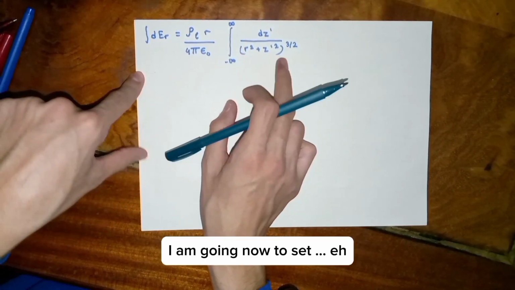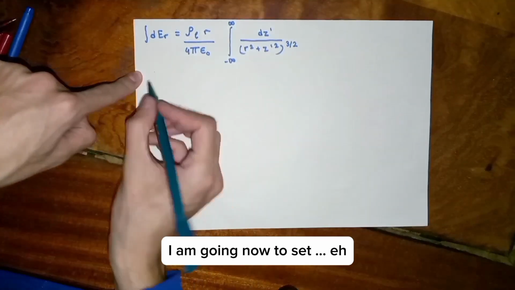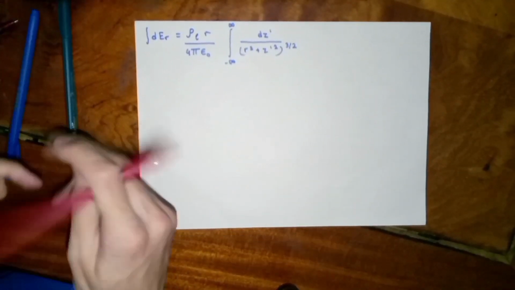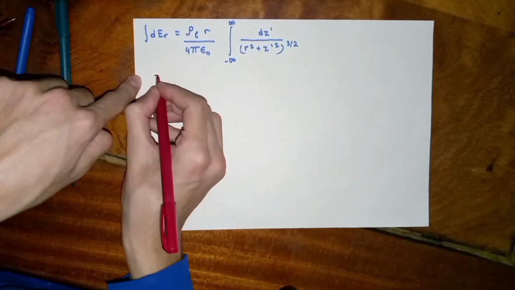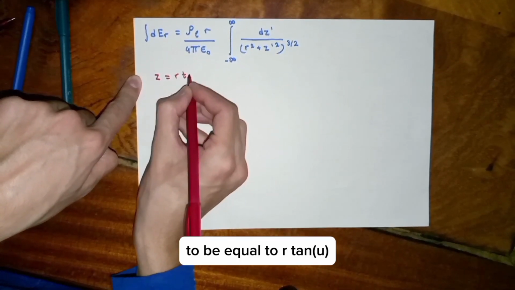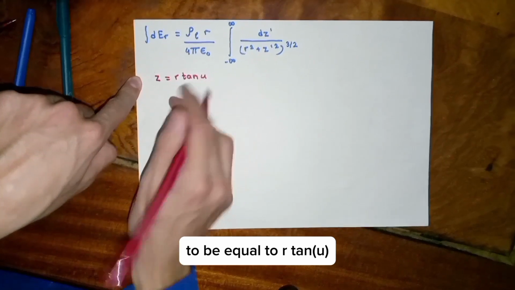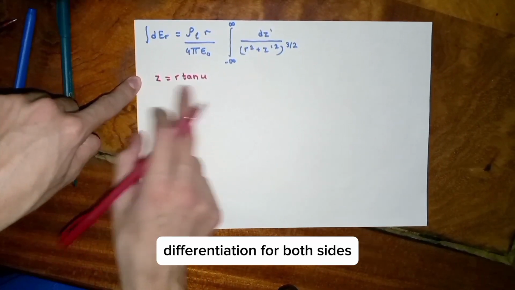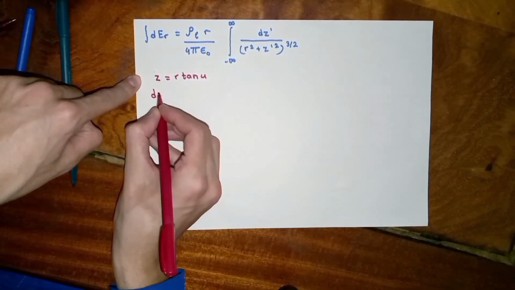I am going now to set z to be equal to r tangent of u. Now I'm going to take the first order differentiation for both sides.